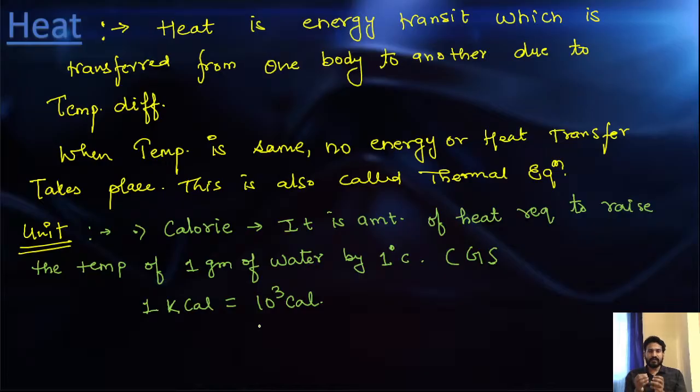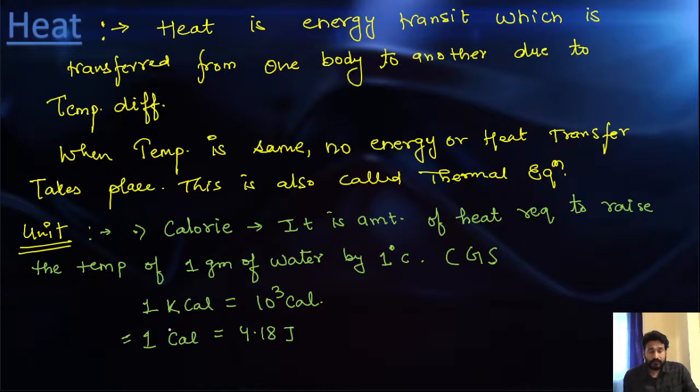So here I just roughly compare these units, and in the first law we connect them: how these units are related, and what is the conceptual meaning of the different units. 1 calorie is equal to 4.18 joule. Guys, remember this value.